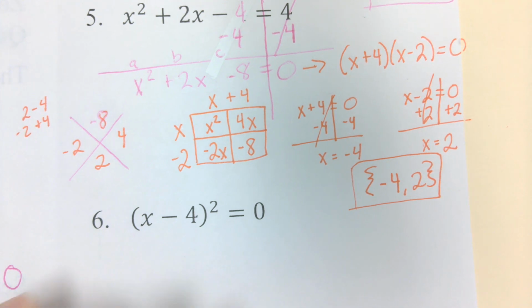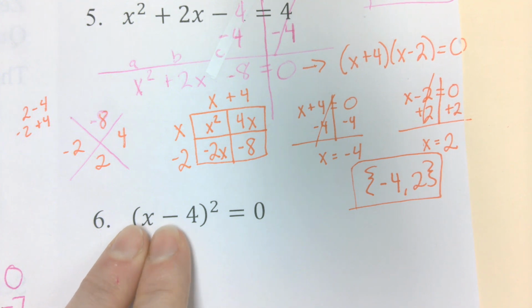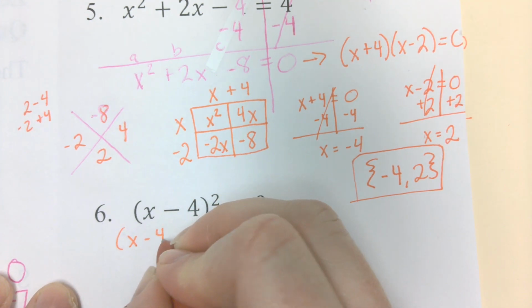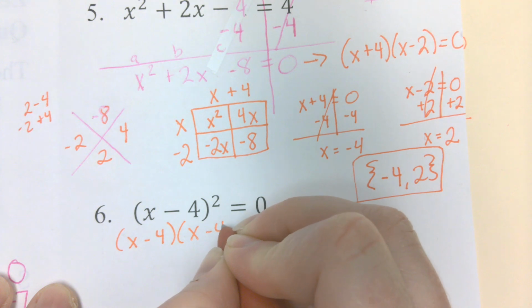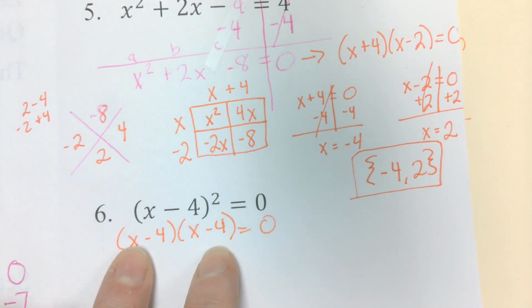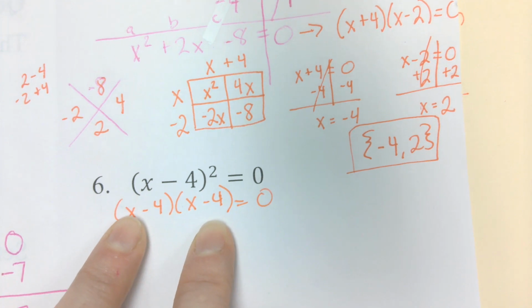All right, one last problem. What do you notice about this? X minus 4 squared. What does that mean? There's 2 of them. So how many solutions am I really going to have, though? 1, because they're the same. So this is like number 4.